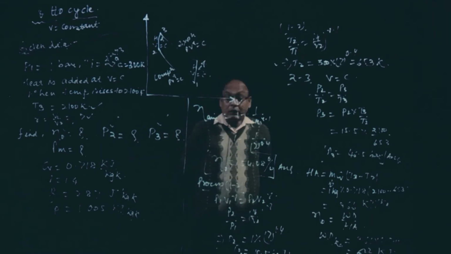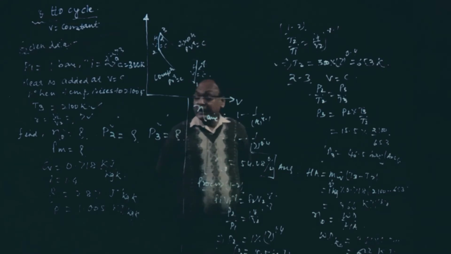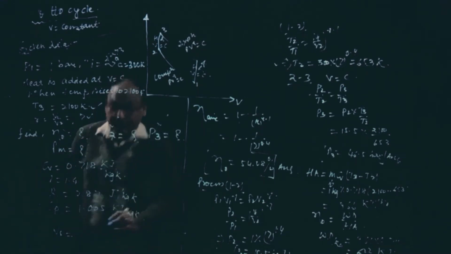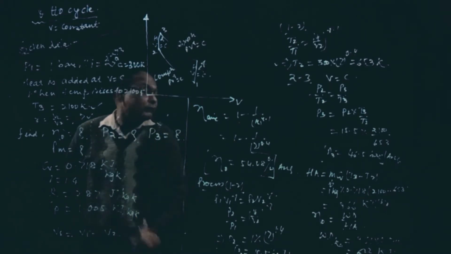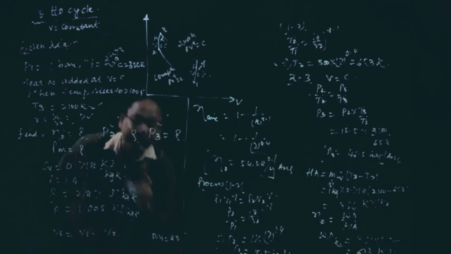And how to find out mean effective pressure? See here, we have to find out stroke volume. Okay, stroke volume is nothing but V1 minus V2. V1 can be found out by P1 V1 equals R T1, because m is equal to 1.